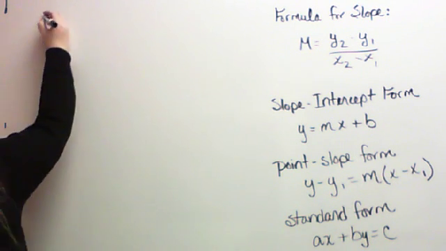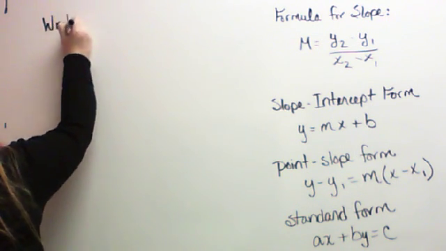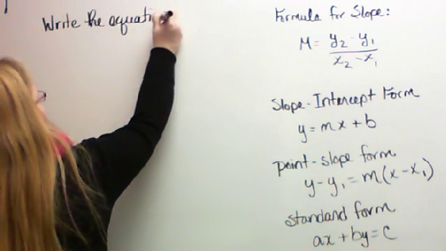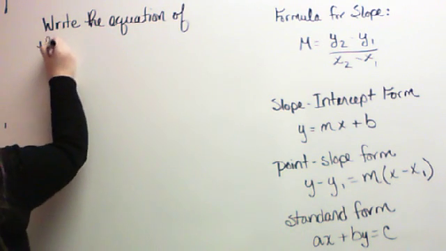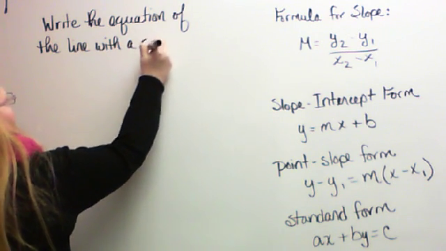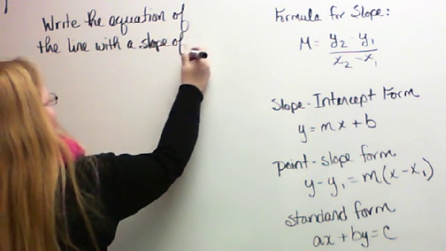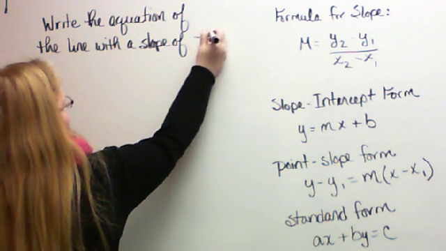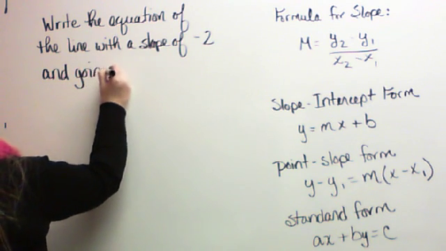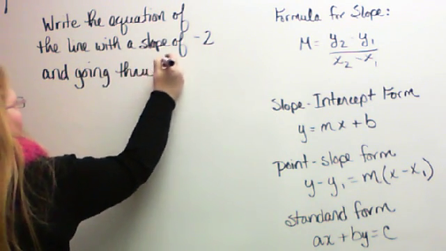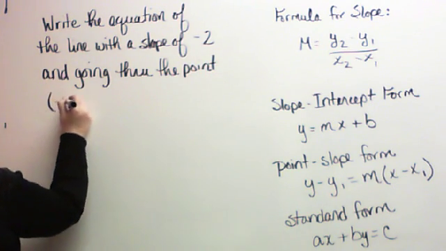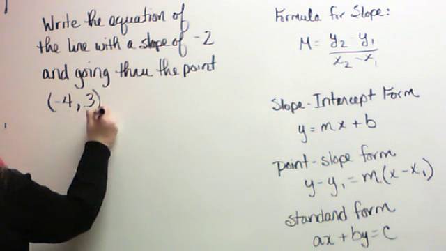So they might ask you to write the equation of the line with a slope of negative 2 and going through the point negative 4, 3.